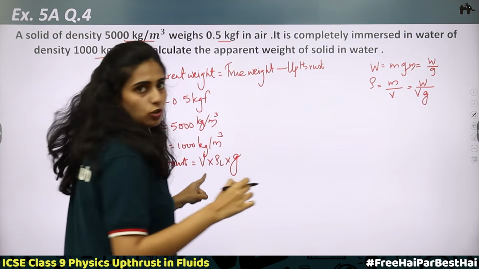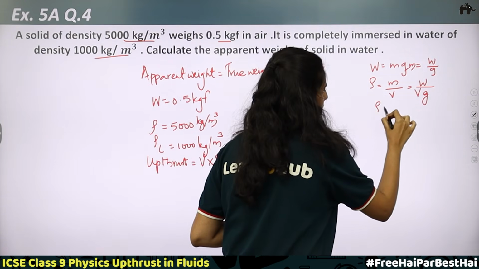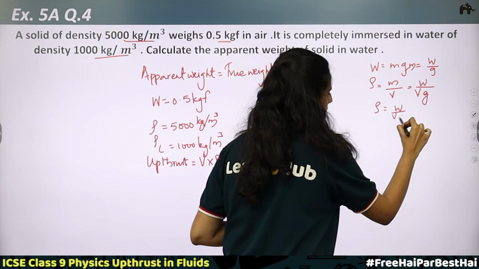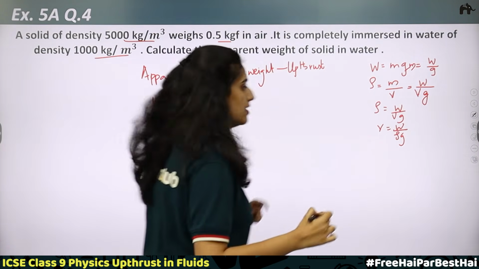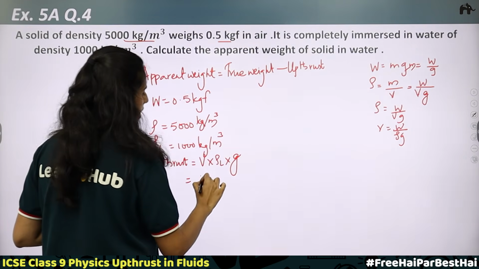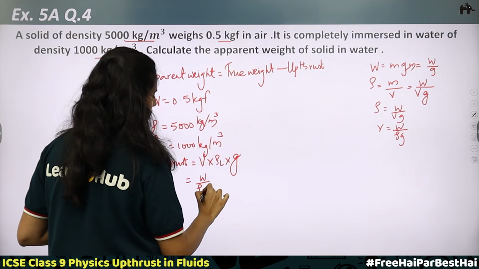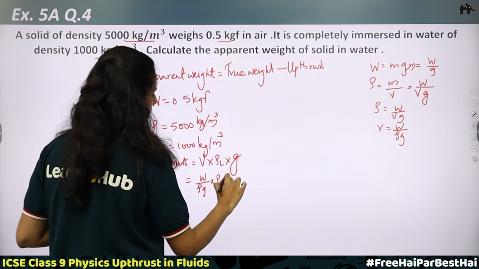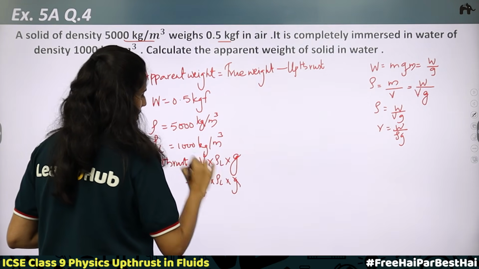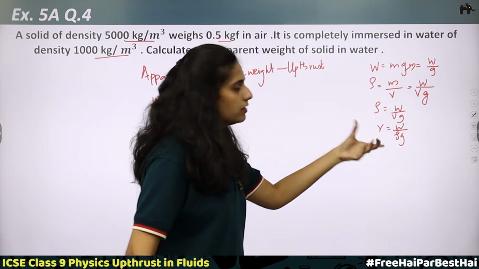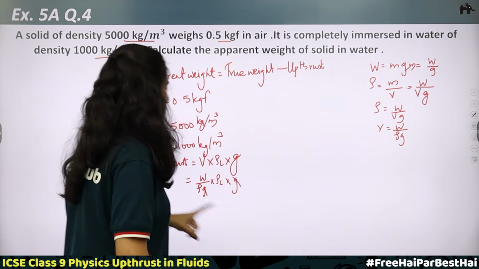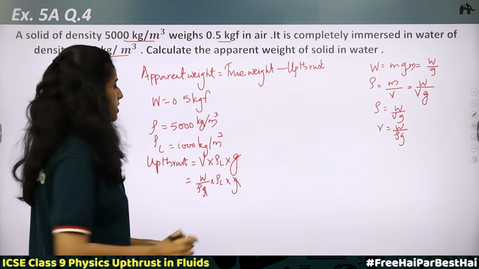Here we need volume, so if rho is equal to W by Vg, then V is equal to W by rho g. Substituting, we get W by rho g into rho L into g. g gets cancelled. The volume of the object is equal to the volume of liquid, only because of that we are able to substitute in this place.